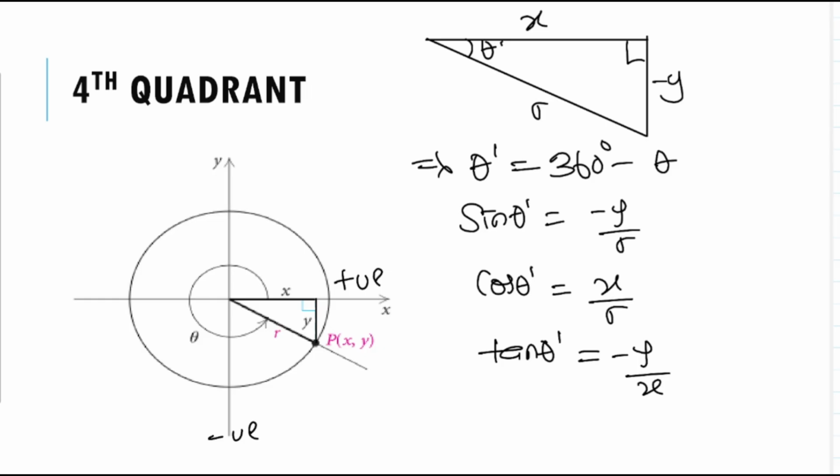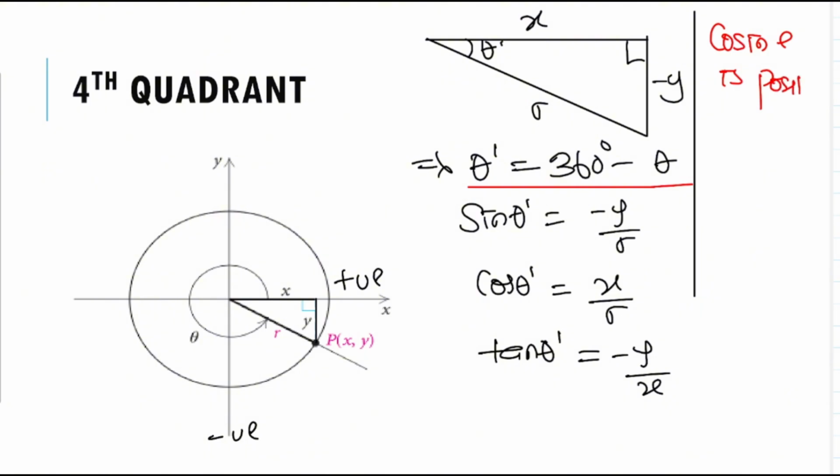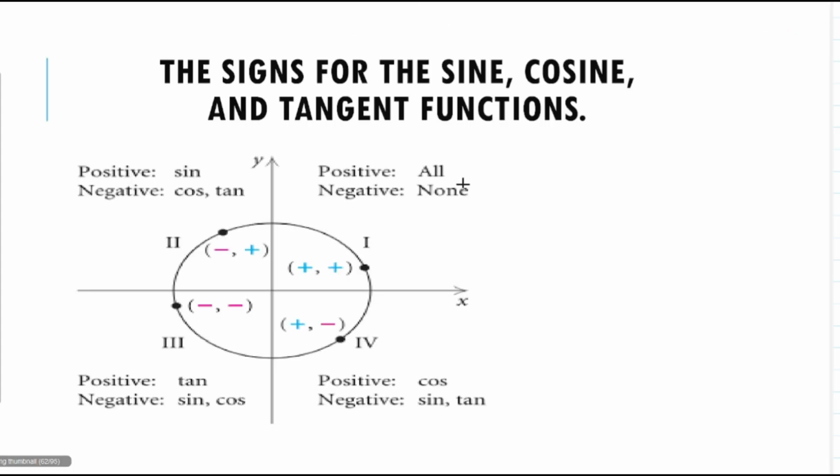So what did you notice here in the fourth quadrant? This is the acute angle definition in the fourth quadrant, and we notice that cosine is positive. So these are the signs of the respective ratios.